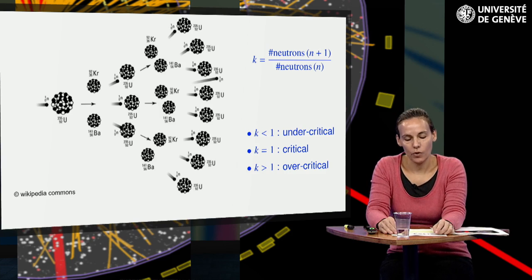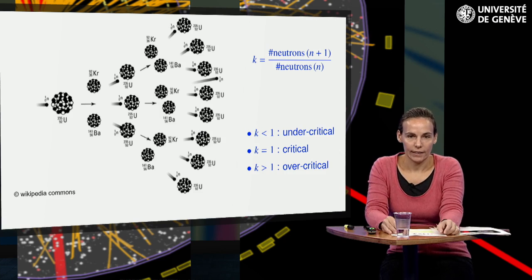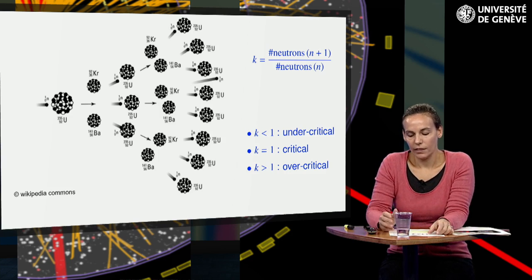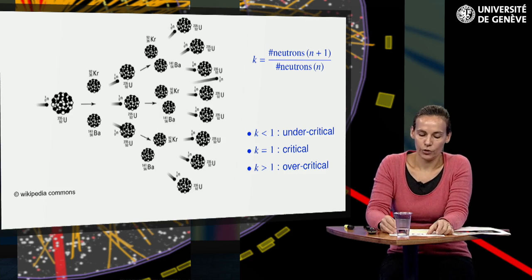If K is less than 1, there are not enough neutrons to sustain a chain reaction and the process will stop itself. If K is equal to 1 or around 1, there are just enough neutrons to maintain a chain reaction with a constant number of fissions at each step. This is the ideal situation for a nuclear fission reactor.